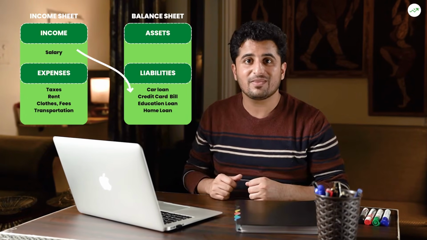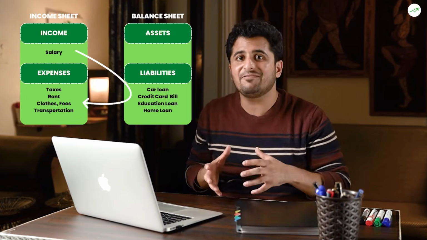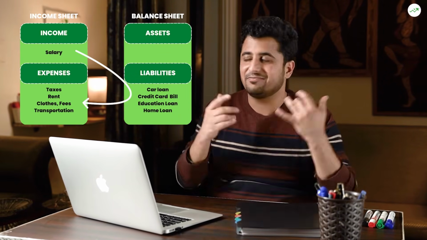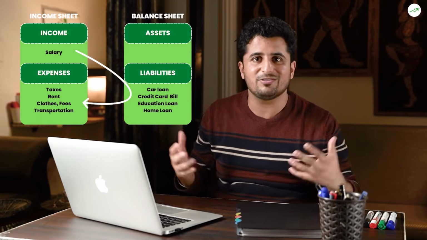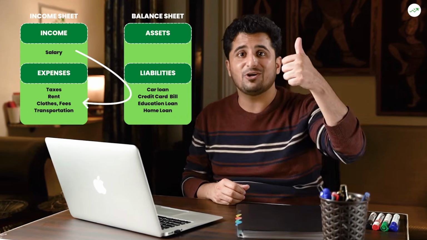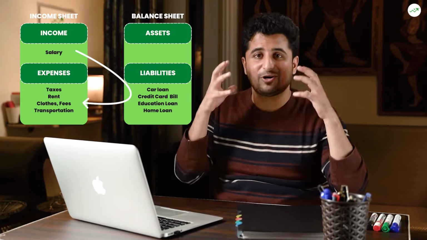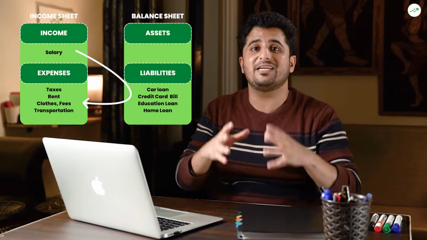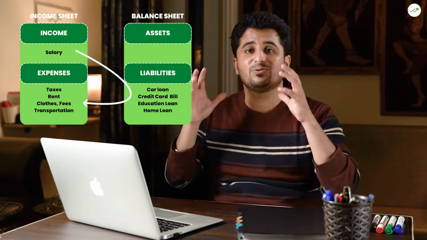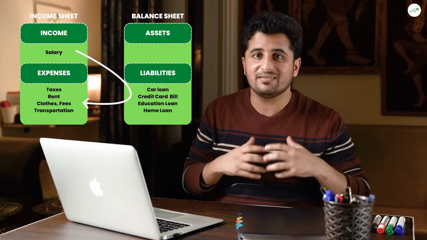And then whatever money is left, they use to pay the expenses: food, rent, transportation, clothing, the basic necessities of life. So they first use their income to pay off their liabilities, and then whatever is left, they use to pay off their expenses.